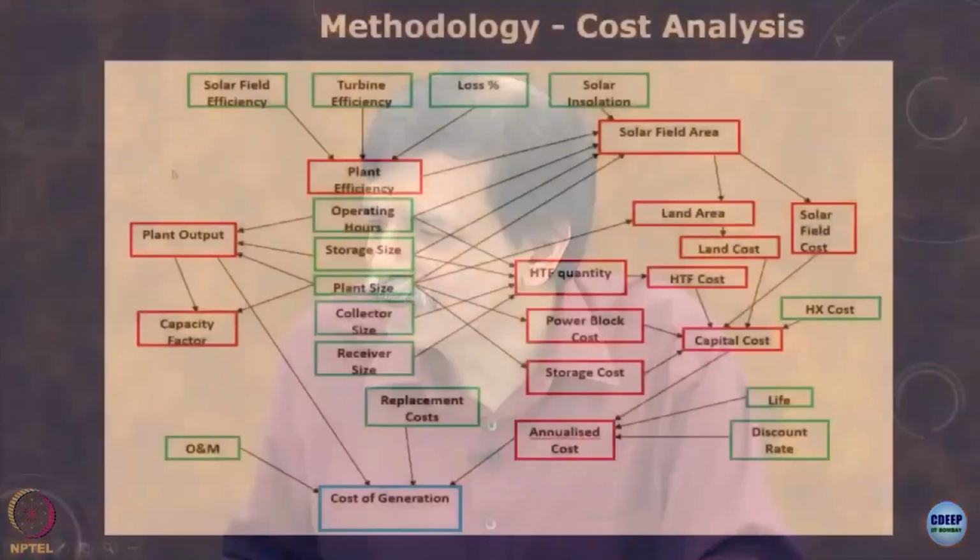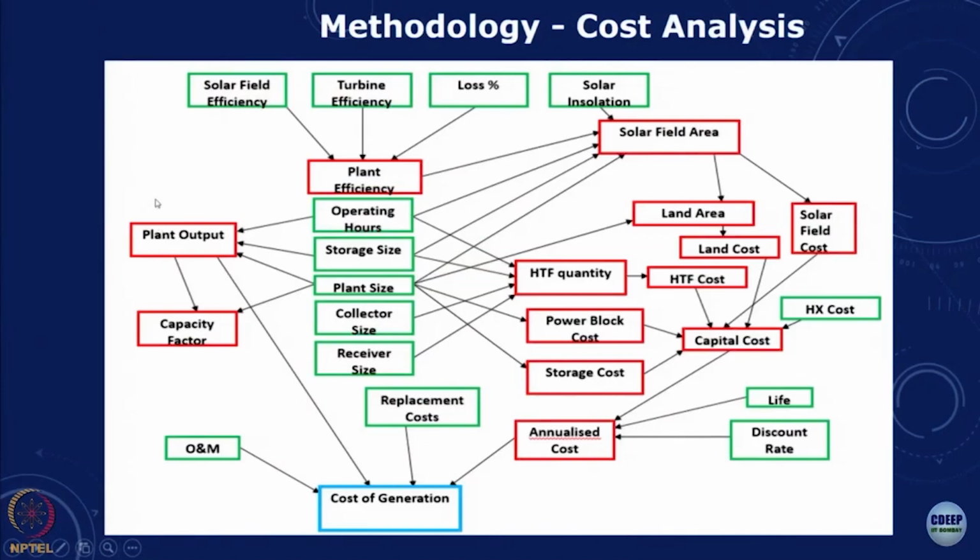So in all of these components, if we want to estimate the different cost components, we have the solar field, the turbine, and the solar insolation. So we start by looking at, for a given location, we will know what is the solar insolation. From that insolation, for a particular output, we can estimate what will be the solar field area.